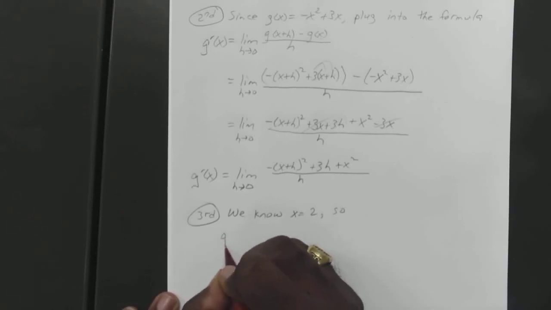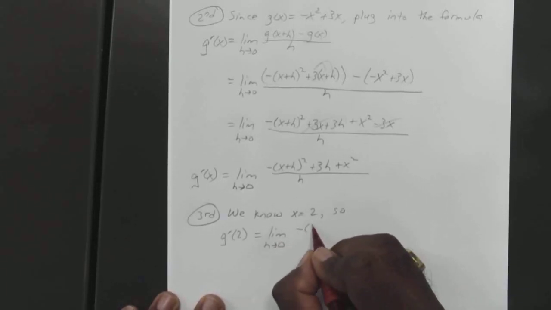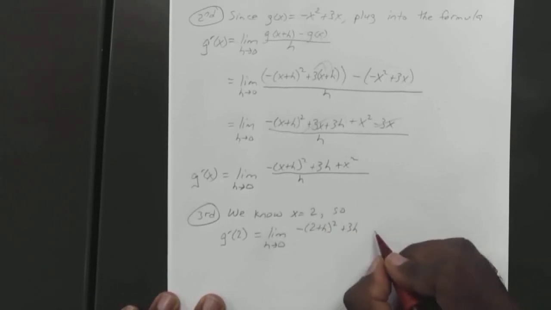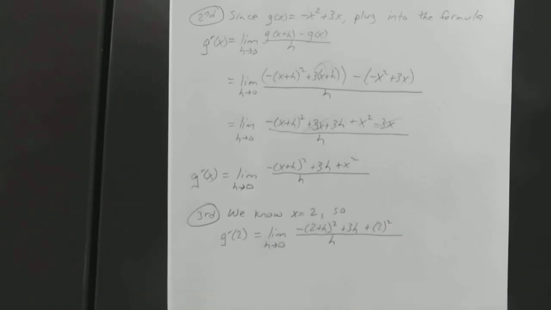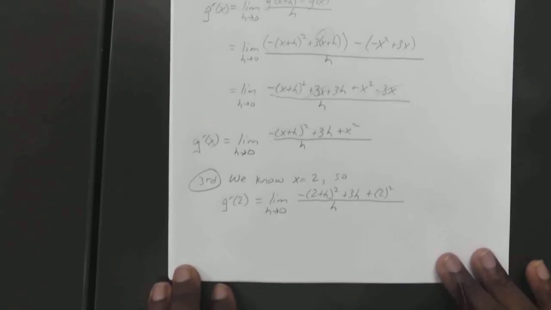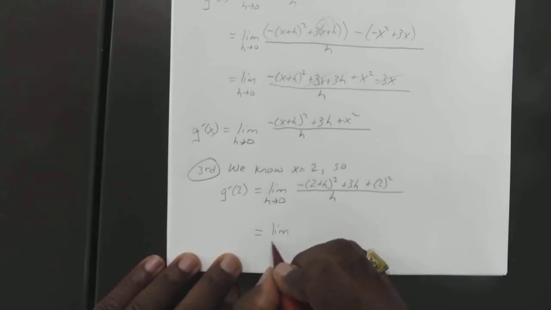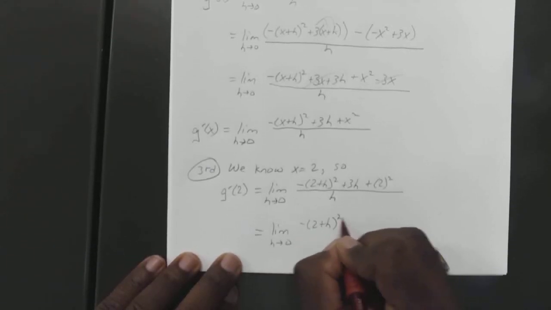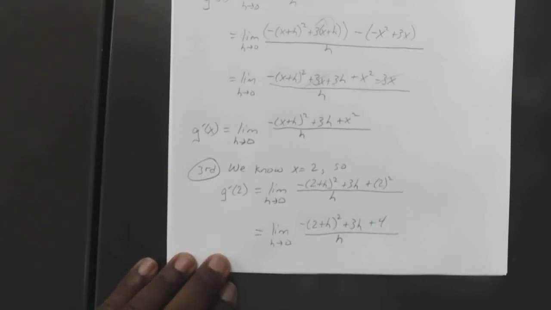So we know our g prime of 2 is going to equal the limit as h approaches 0 of negative 2 plus h squared plus 3h plus 2 squared all over h. And we just simplify it from there: negative 2 plus h squared plus 3h plus 4 all over h.